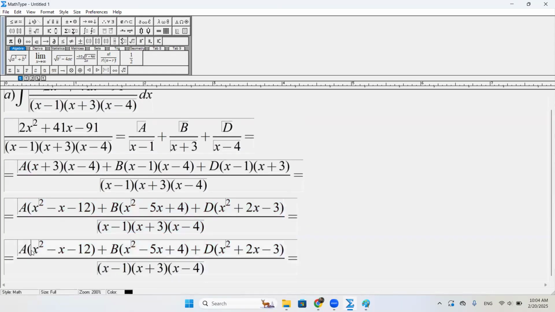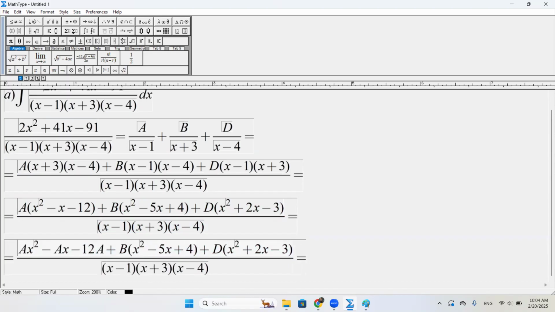So ax square minus ax minus 12a, plus bx square minus 5bx plus 4b, then plus dx square plus 2dx minus 3d.